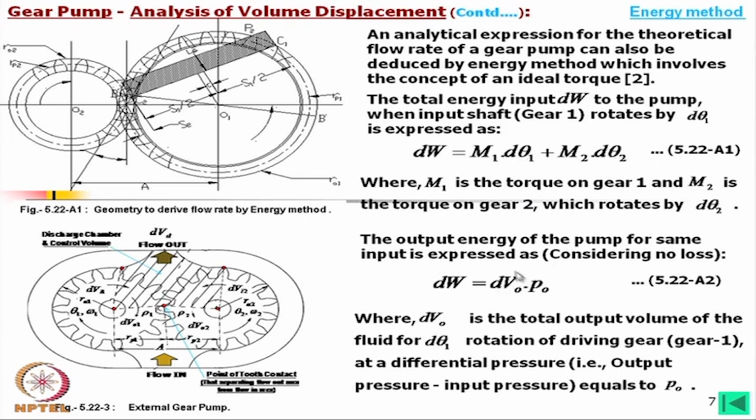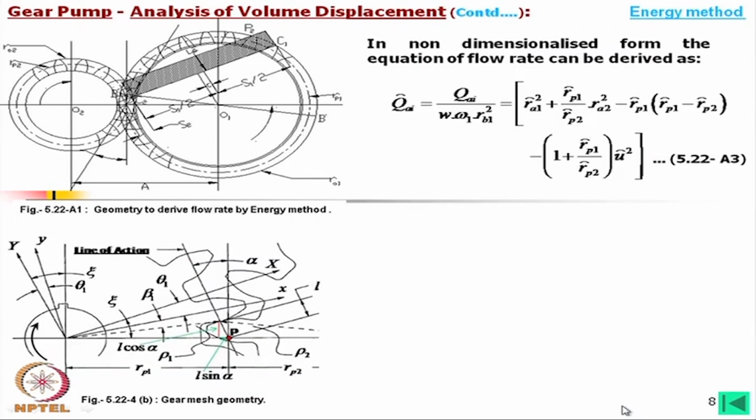So, we can easily calculate the rate of change of volume with the angle of rotation, and from there, again considering the change of this length, that means the change in torque with, of course, constant pressure, because geometrically as the volume is being displaced here, there is a compression on this side and expansion, so definitely this length is also changing accordingly. So, we have to find this length, the instantaneous length, to find the instantaneous torque.